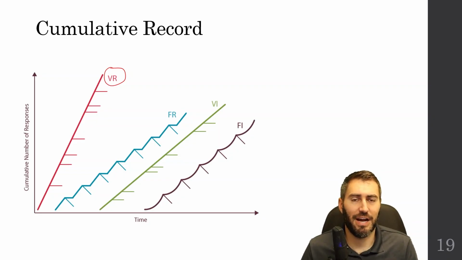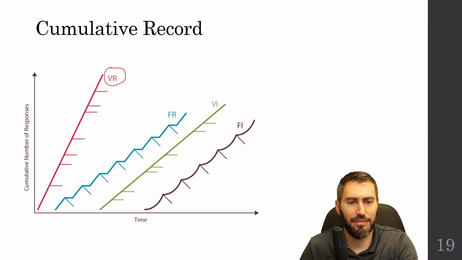People are going to try to get these behaviors. They're going to do the behaviors more and more because they are not sure when they're going to get a response, since it varies based on how many times they've performed the behavior. So they're going to keep trying and hope that this is the time they get a reward, or some consequence or feedback.